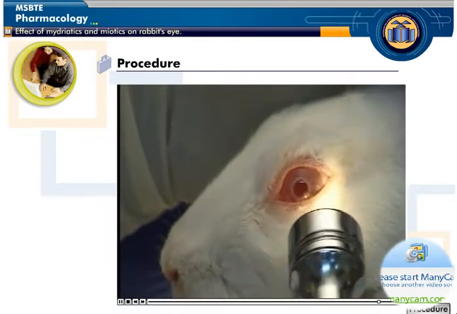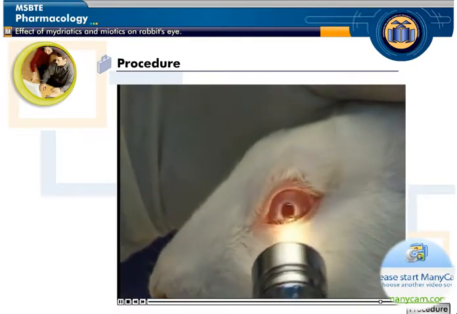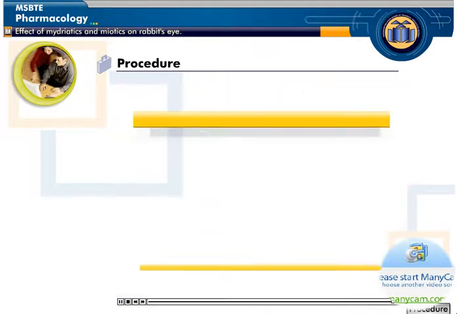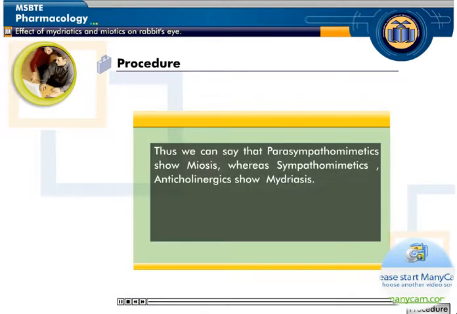You will confirm the mydriatic property of cyclopentolate by simultaneous observations on the control eye, which remains unaffected. Thus, we can say that parasympathomimetics show miosis, whereas sympathomimetics and anticholinergics show mydriasis.